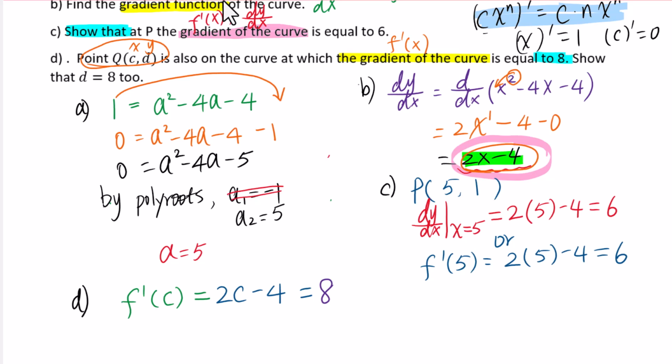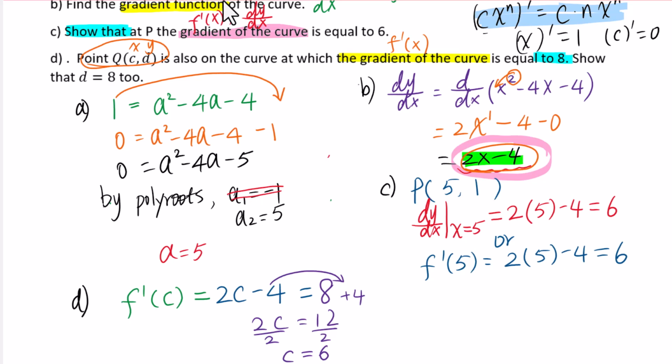Then we solve for this c. Add 4 to both sides. 2c equals 12, divided by 2, c equals 6.